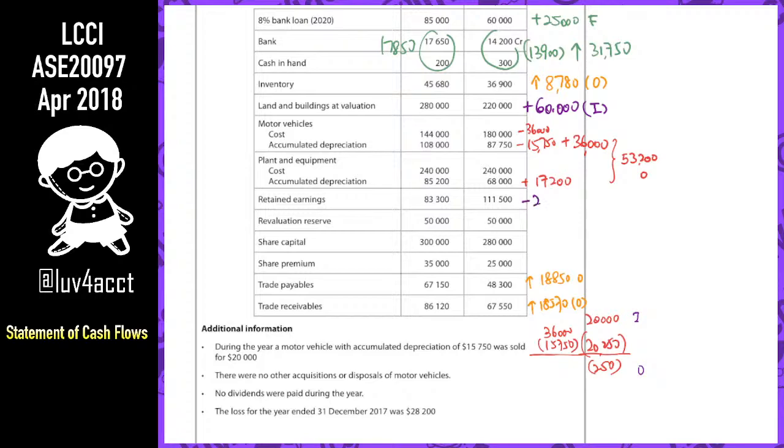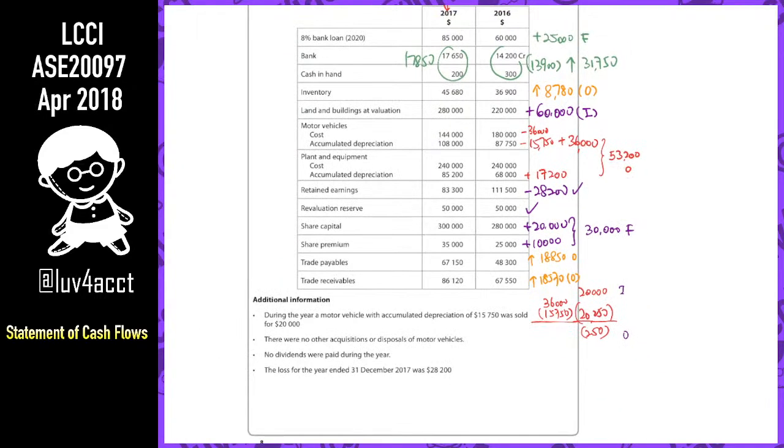We have a loss 28200, 111500. Yes, it is correct. Revaluation reserve. Share capital we have 20,000 more and then 10,000 more here. That is an issue of shares, 30,000. Financing activities positive. So done.